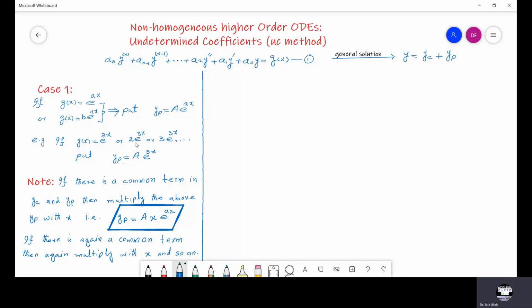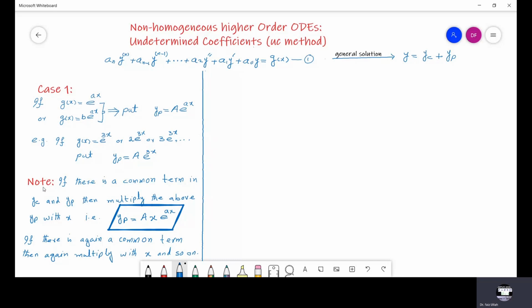If g of x is equal to 2 e power 3x, use the same substitution. If g of x is equal to 3 e power 3x, 4 e power 3x, 5 e power 3x, in all cases we shall put yp is equal to a e power 3x.